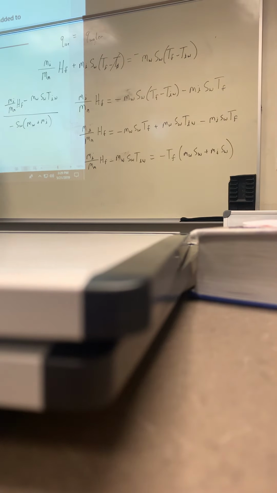Just to see the numbers here. So mass of the ice was 25.0 grams. Molar mass of water is 18.01528 grams per mole. Periodic table. Heat of fusion was 6,020 joules. Mass of the water was 120 grams.